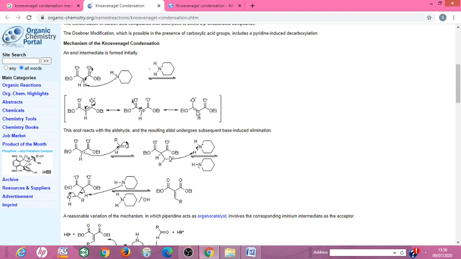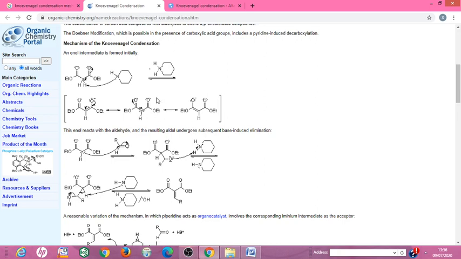Why is this known as the enolate ion? Because in enolate, 'en' represents a carbon-carbon double bond, and 'olate' represents oxygen carrying a negative charge. Hence this is the first resonating structure, known as the enolate ion.